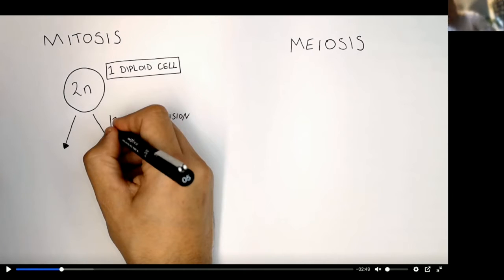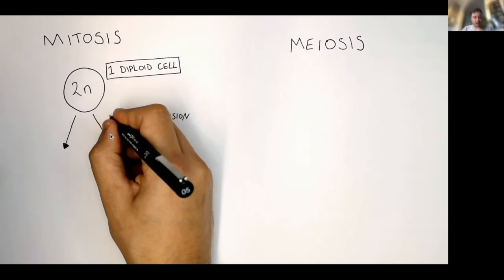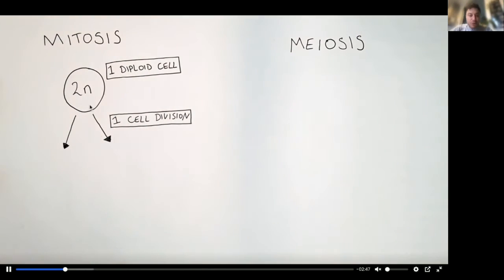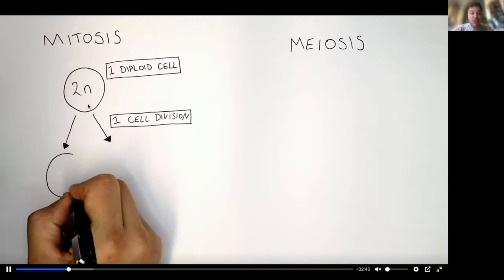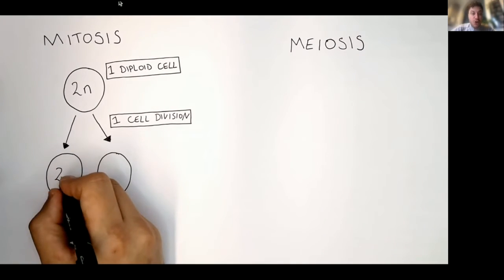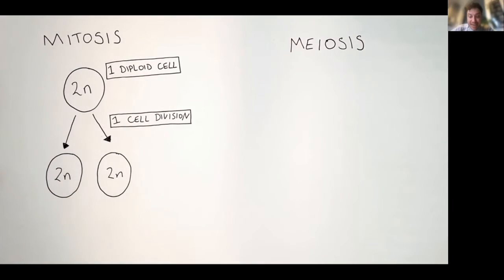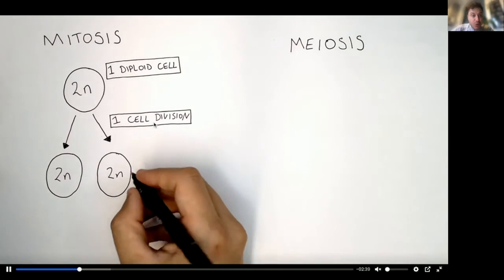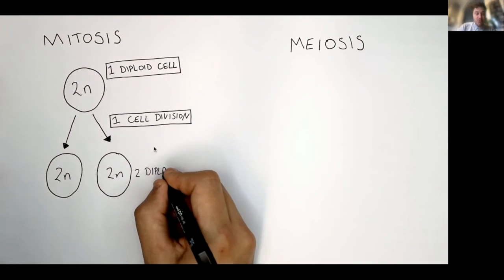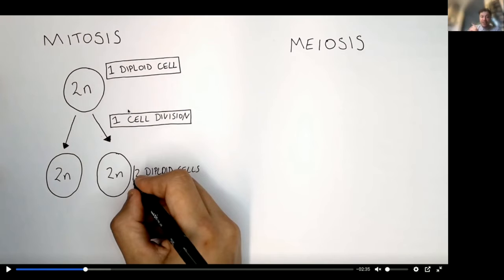Right, sorry about that. Okay, so diploid, and then during mitosis, it divides once to form two identical cells. Two identical diploid cells. So during mitosis, this here is, let's say, a cell in the body. Any of your body cells, skin cell, whatever, it's going to divide to form two diploid cells. So they've got to be identical.